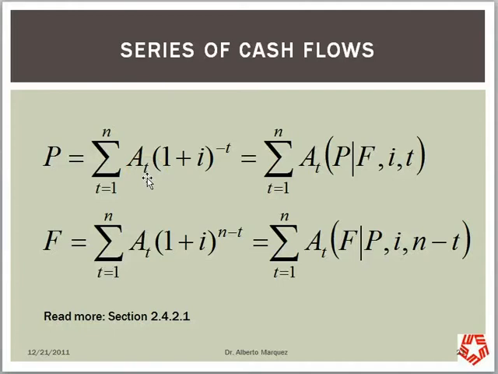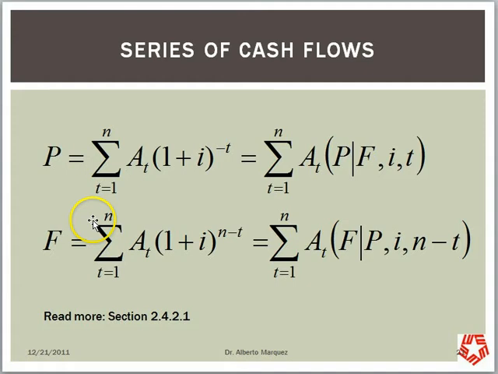In the same manner, we can compute a future value as the summation of these cash flows A times a factor F given P for i and n minus t for each one of these cash flows. Now this would be cumbersome, or tedious, if we have a very large n.